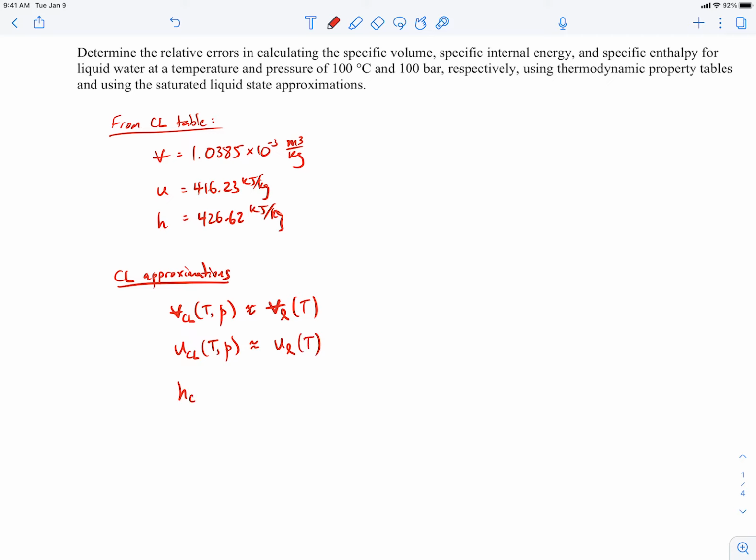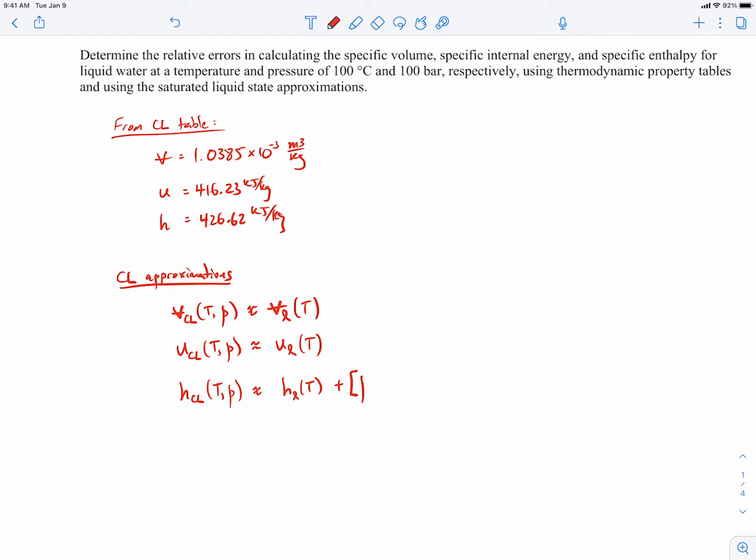And the specific enthalpy of the compressed liquid at that temperature and pressure is about equal to the specific enthalpy of the saturated liquid at that same temperature plus, and then we need to do the pressure correction, the pressure that we're at minus the saturation pressure at the given temperature, and all that's multiplied by the specific volume of the saturated liquid at the given temperature. So just remember that for the specific enthalpy, the approximation includes a pressure correction term.